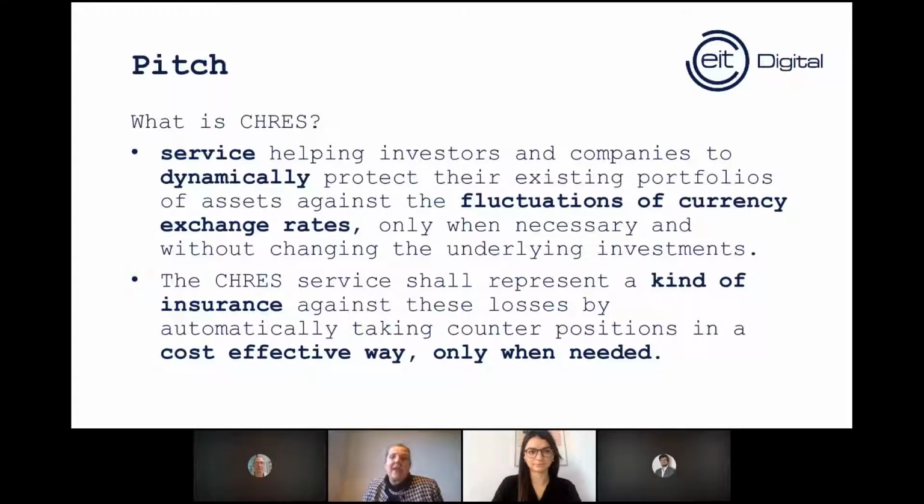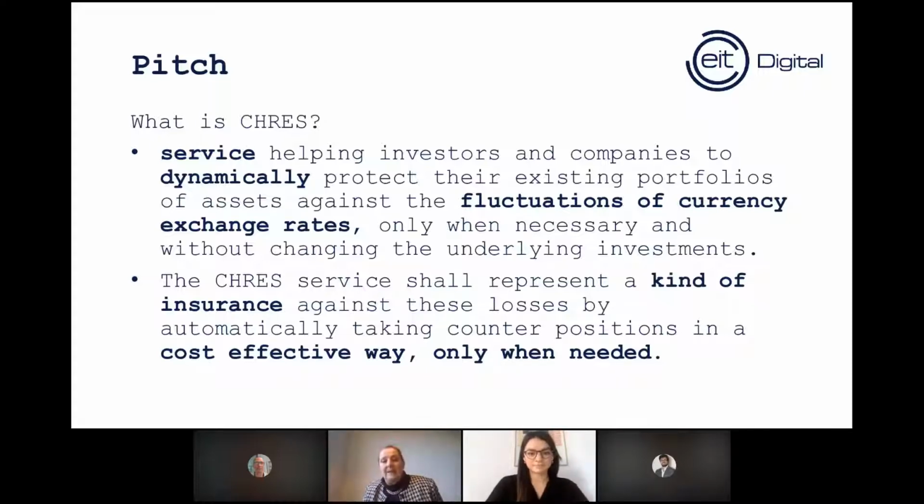So what is it? It has developed a service helping investors and companies to dynamically protect their existing portfolios of assets against the fluctuations of currency exchange rates, as we heard already. And this is in comparison to static hedging. I want to stress the dynamic in this definition.